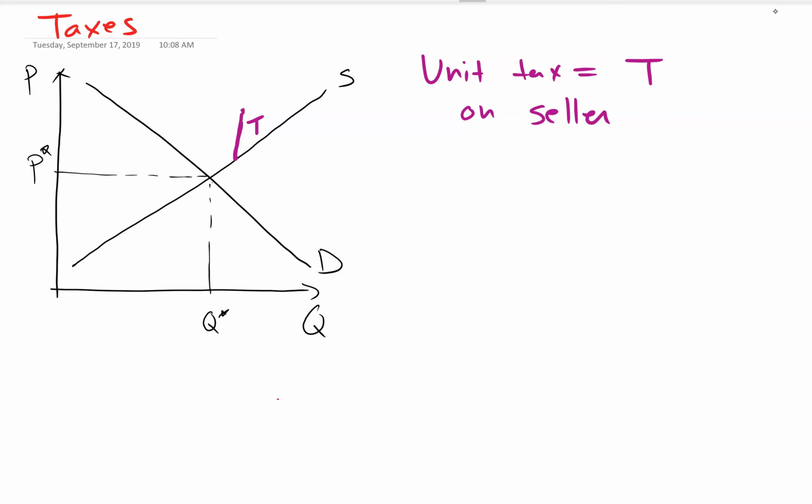So the new supply line is the supply line plus the unit tax. You can think of it as the new decision line.